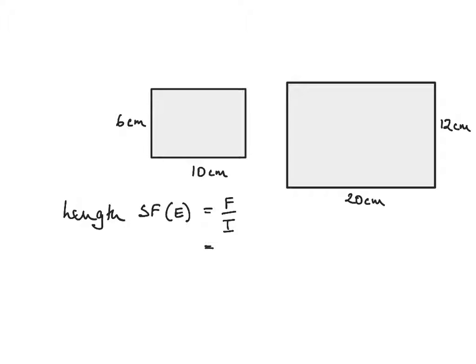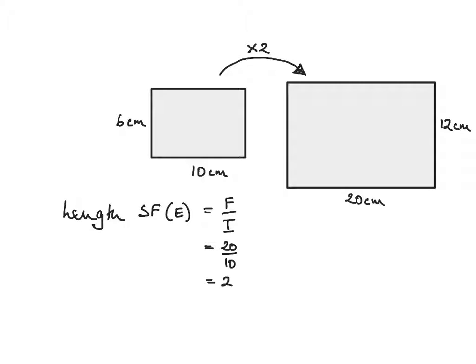Why don't I have to calculate? Well, I'm calculating the scale factor for enlargement, so 20 over 10 gives us a scale factor of 2, which is to say we multiply the smaller shape by 2 in order to get the larger shape.